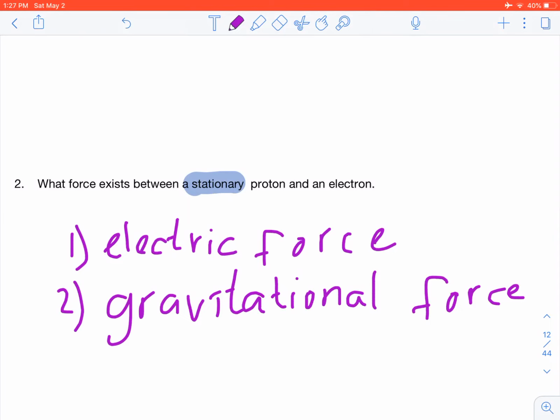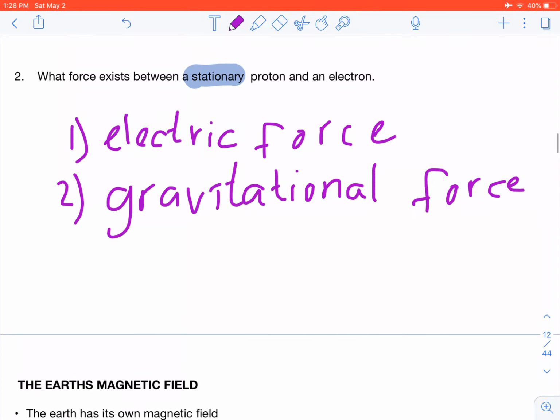But what you do know is that the electric force becomes less as the charge is further away from an electric field, and the gravitational force becomes less when the mass is further away from the object or further away from the Earth.